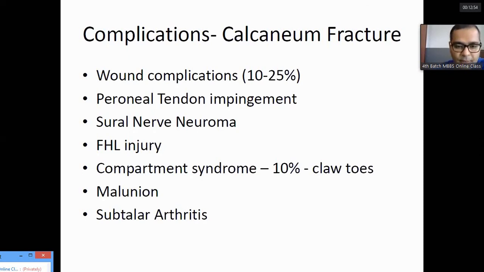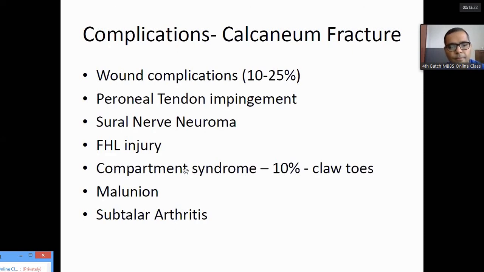It heals by fibrocartilage, which might be painful. So the patient is likely to have subtalar arthritis later on, even though the fracture gets healed, and ultimately we may need to fuse the joint, which we call arthrodesis. Ultimately the patient may need arthrodesis.